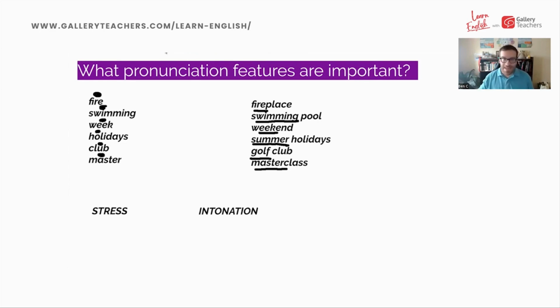And that often means that the intonation goes up as well. So fireplace, swimming pool, weekend, summer holidays, golf club, masterclass. So do remember that stress and intonation come together.